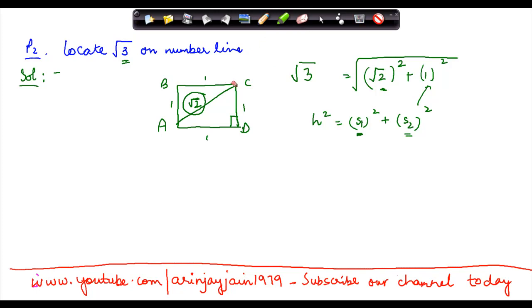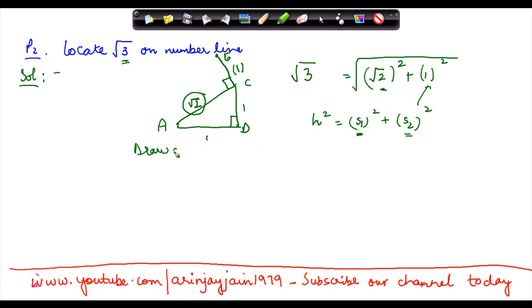So I just rub this thing off because this is not required. Now I create a line which is perpendicular to C and take it to another point, let's say E, such that the length of EC is equal to 1.